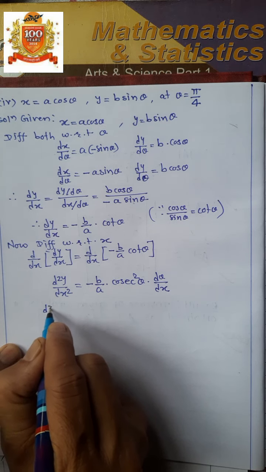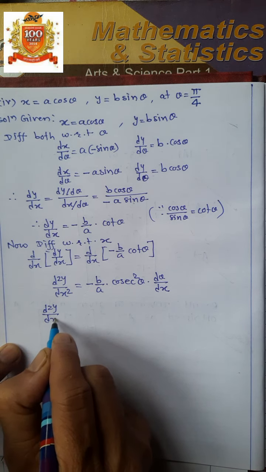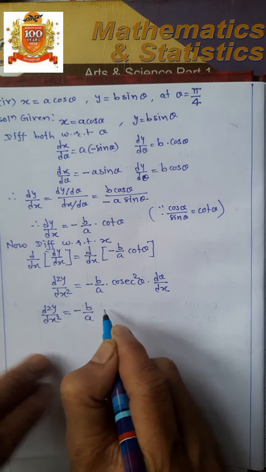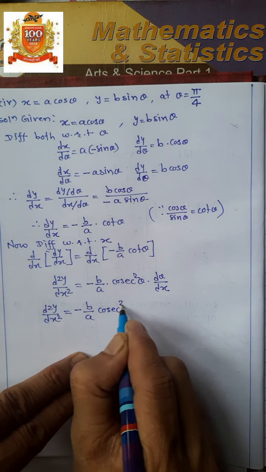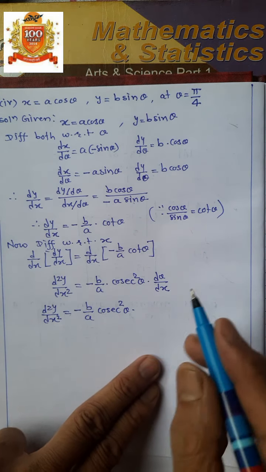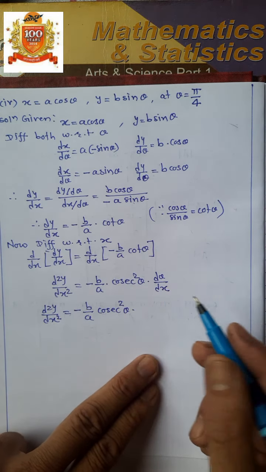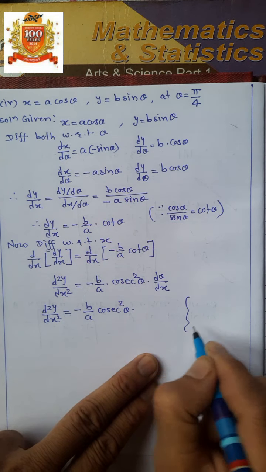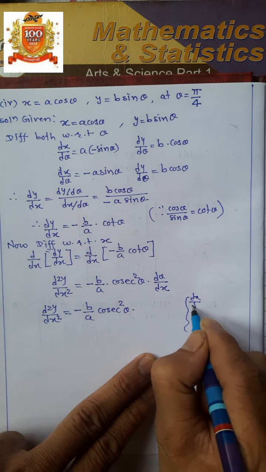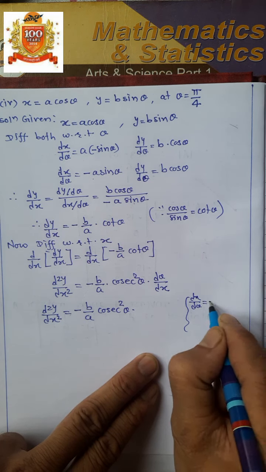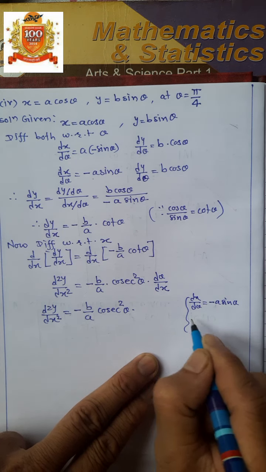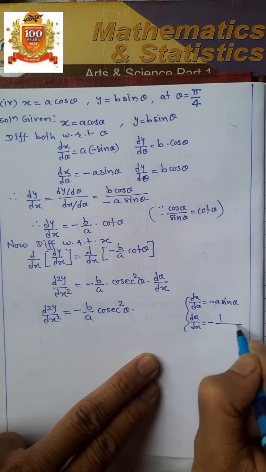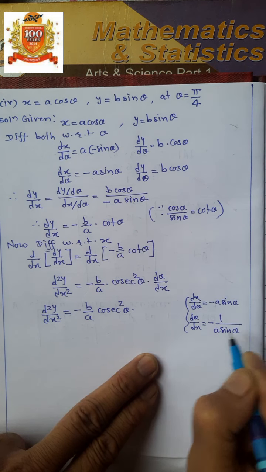Now, d2y by dx square is equal to minus b upon a cosec square theta into, now put the value of d theta by dx. Here we write dx by d theta is equal to minus a sin theta. Therefore, d theta by dx is equal to minus 1 upon a sin theta.